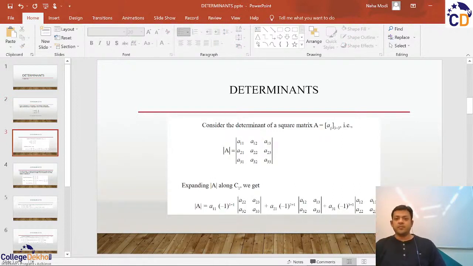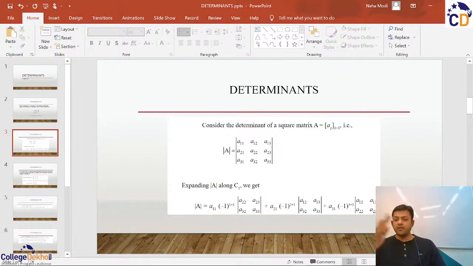Suppose we have a determinant of order 3, which means it has 3 rows and 3 columns. Each element of the determinant is shown on the screen. The element in the first row, first column is represented by small a11.